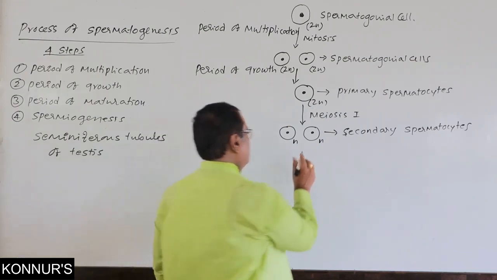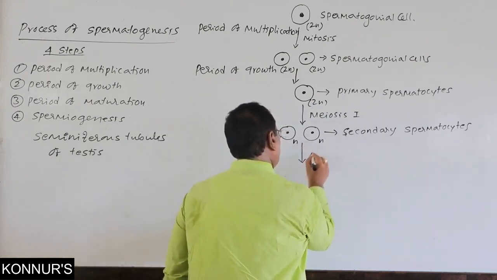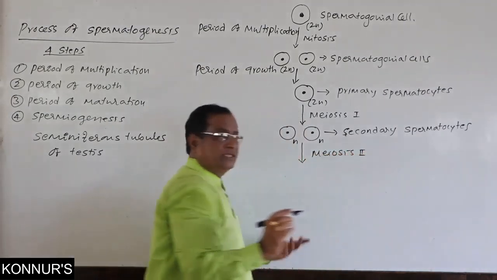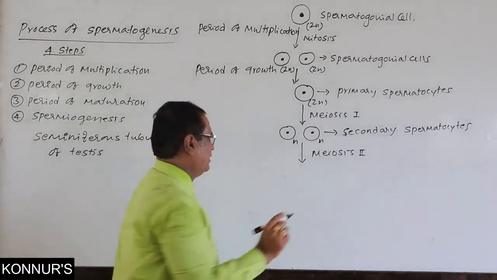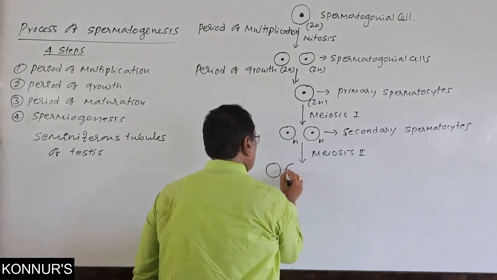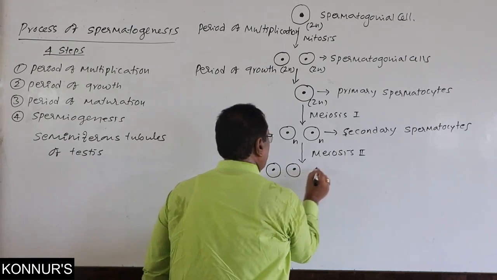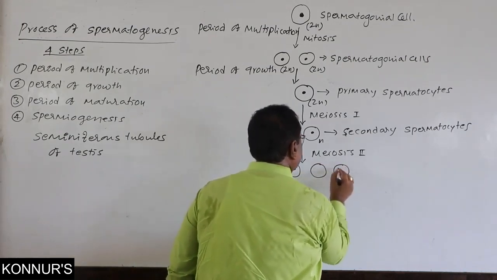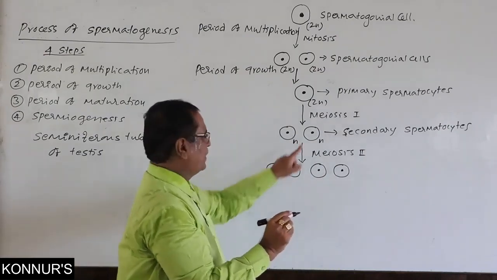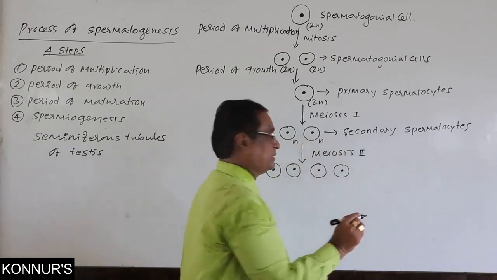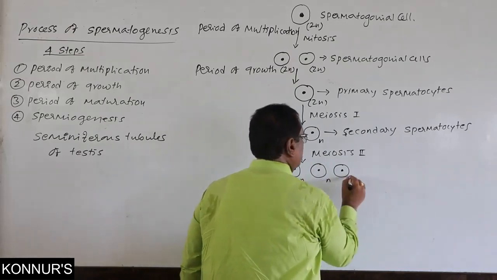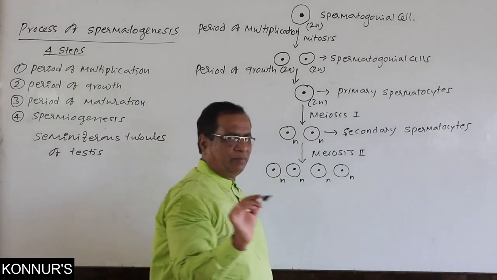And now these two undergo meiosis second. Meiosis second is just like mitosis, so from each secondary spermatocyte, two equal sized cells are formed. From one secondary spermatocyte, two cells, and from another secondary spermatocyte, two cells, and all of them are haploid only, because meiosis second is just like mitosis.